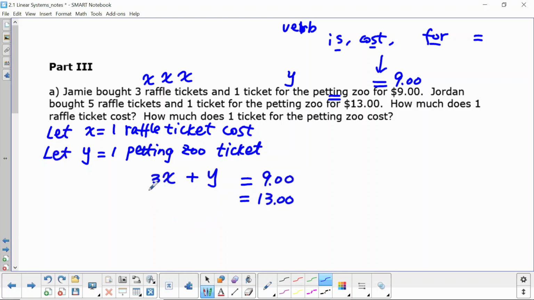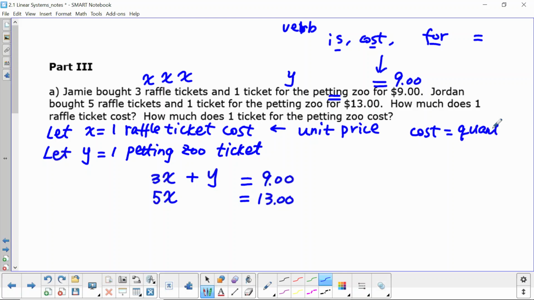So now check your answer. The second one is 5 raffle tickets. You have x 5 times. The added together is 5 times x. It's unit price times the quantity. So this 1 ticket cost, we call it unit price. And in order to find the cost, you use the quantity times unit price.